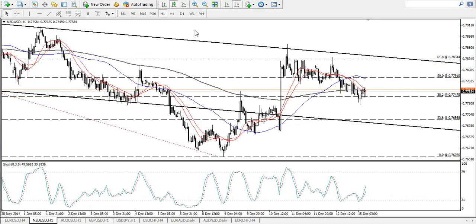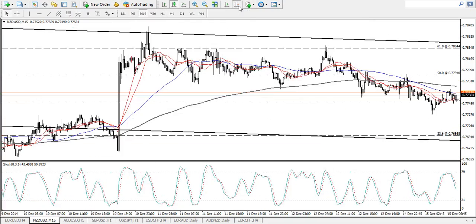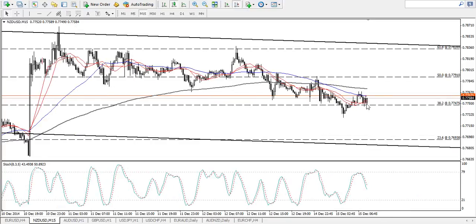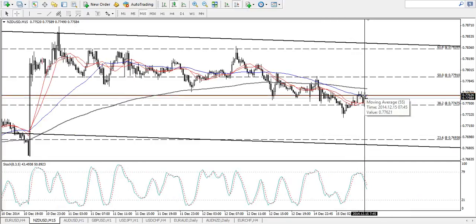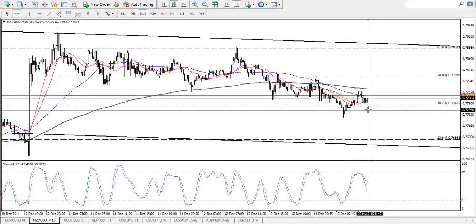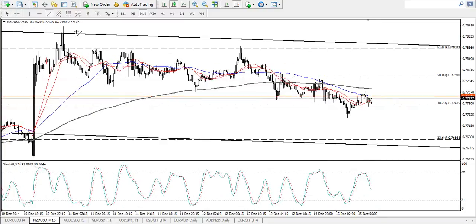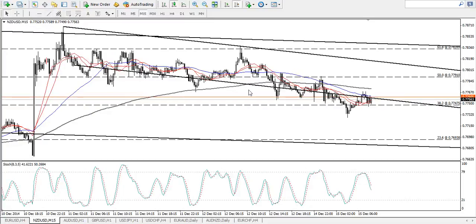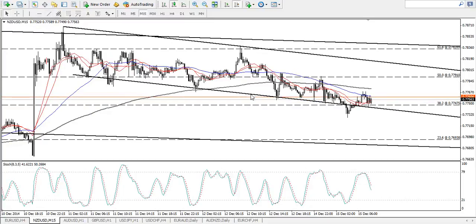Zooming into the 15-minute charts, we are seeing the price has been resisted by the 55 moving averages. There's magic candle confirmation. And one thing to take note of is that there is a minor falling trend channel in the 15-minute charts.